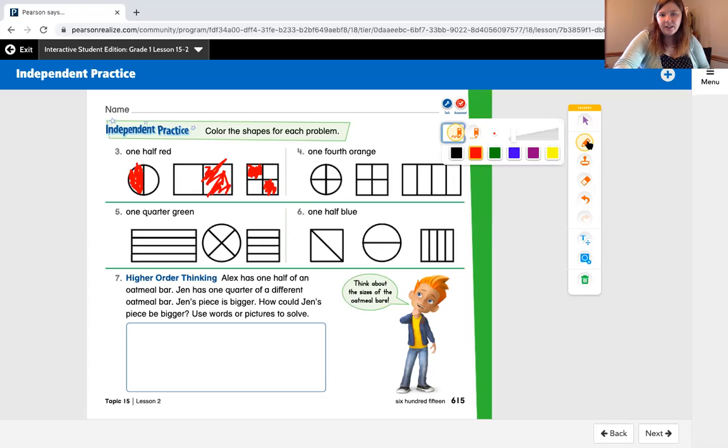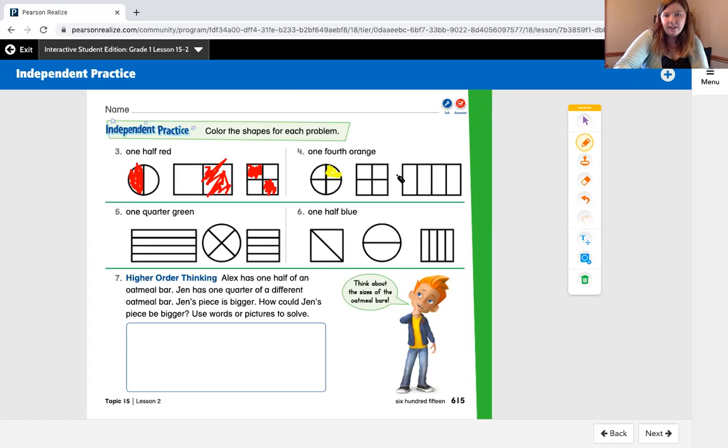All right. So number 4 says 1/4 orange. I don't have orange, so I'm going to use yellow. So 1/4. So 1 out of 4 has to be yellow. I'm going to color in one section here. 1 section out of 4 is yellow.